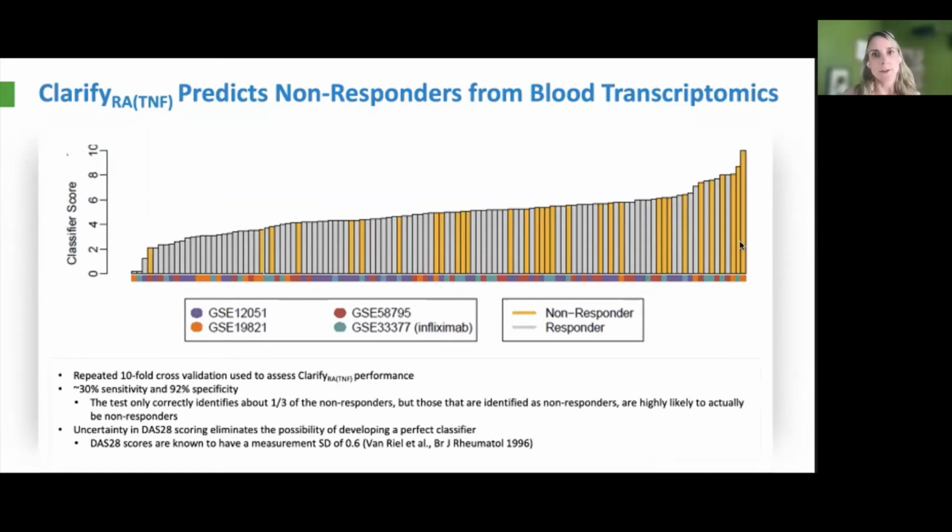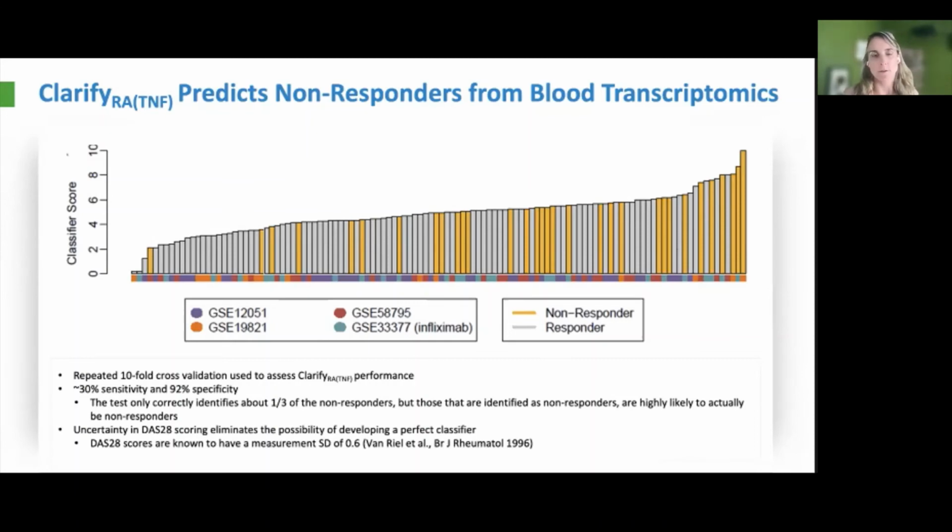The non-responders are colored yellow, the responders are gray, and there's an enrichment towards the right-hand side for classifier scores. This particular classifier was not very good at detecting non-responders, but when it did, it was fairly right. So the specificity was very high, and sensitivity was low.